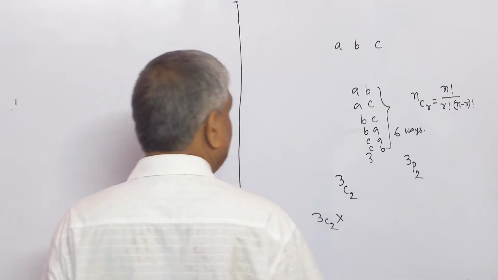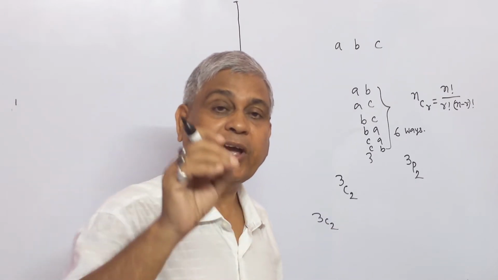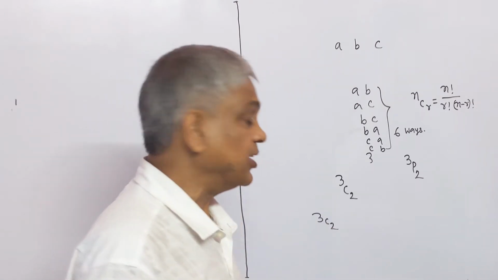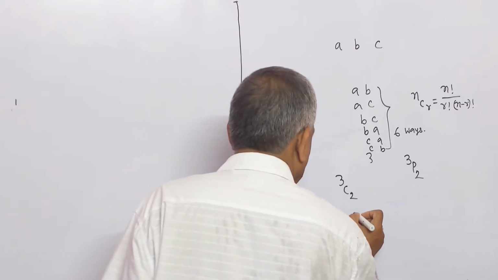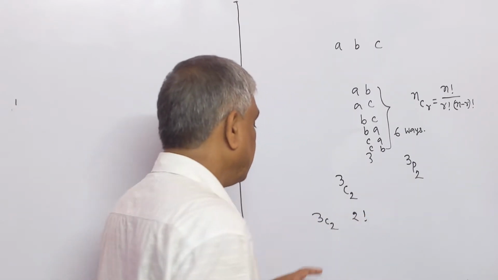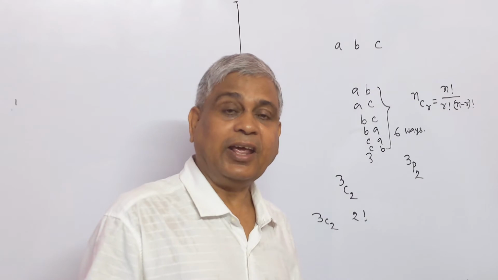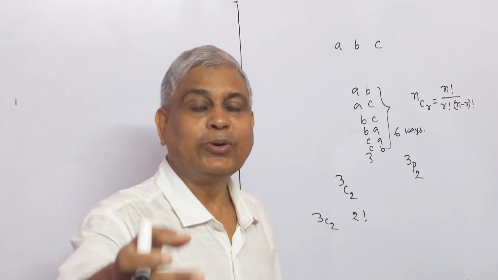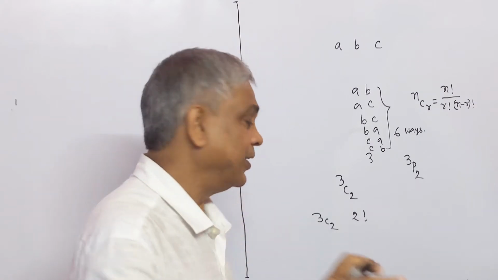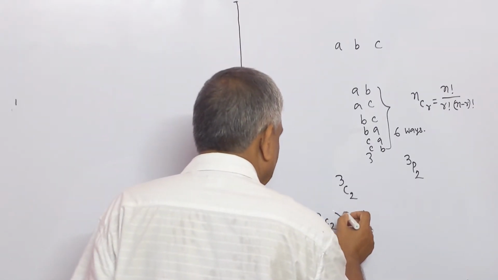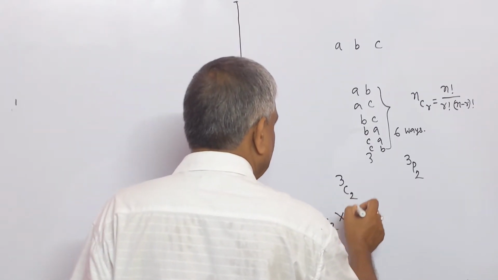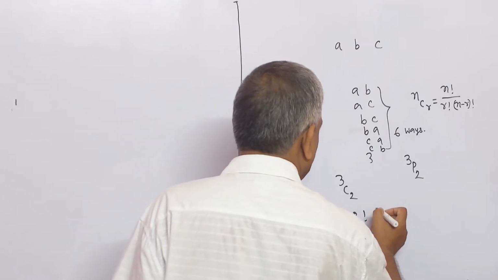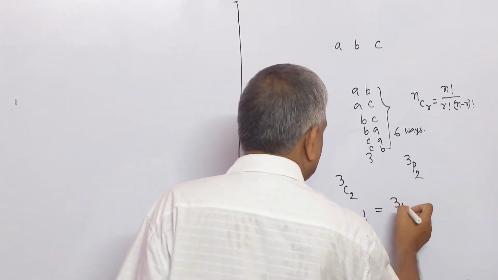Then the number of ways to arrange two things is factorial 2. Since both works are simultaneously necessary, we multiply the number of ways: 3C2 multiply factorial 2, and this is called 3P2.